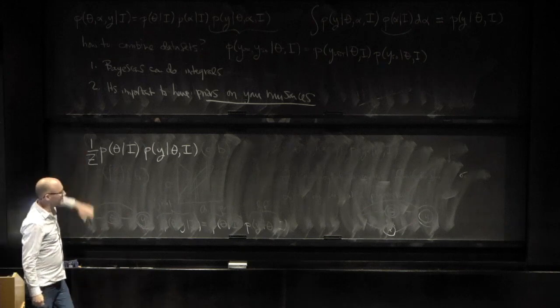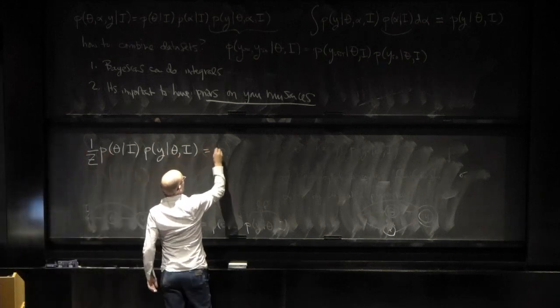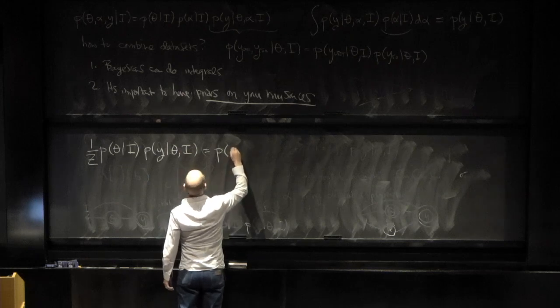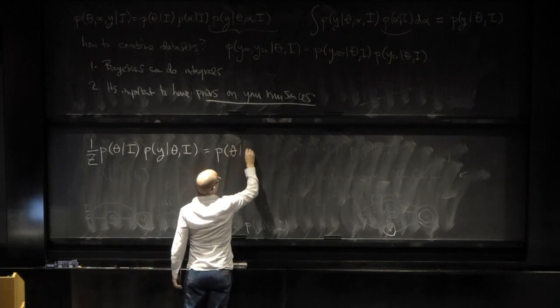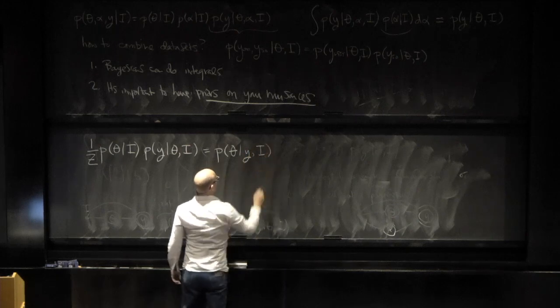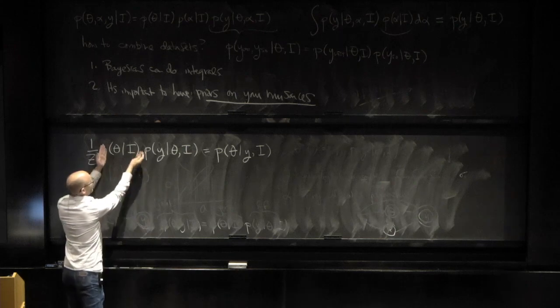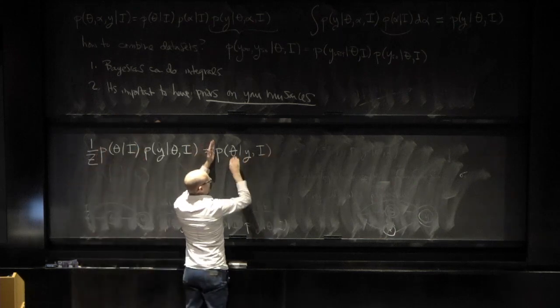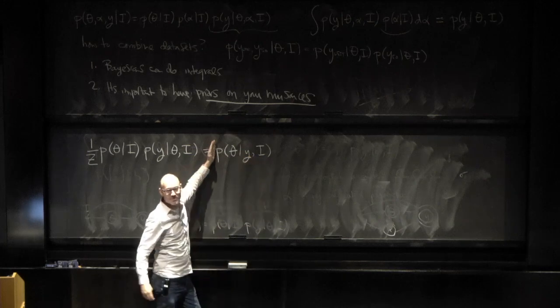That renormalized object is the probability for the parameters given y and I. So I started with the probability of the parameters just given my assumptions, and I ended with the probability for the parameters given my data and my assumptions. We're now conditioned on the data because we observed the data.